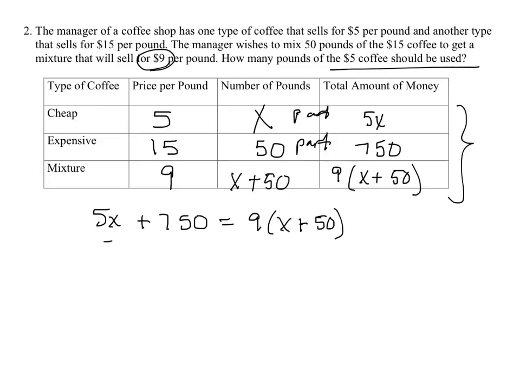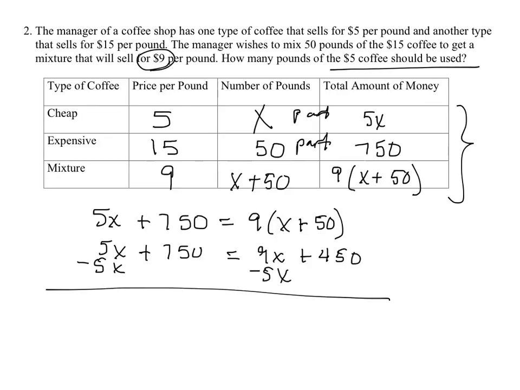Let's solve. So 5x plus 750 is equal to 9x plus 450. So I'm going to bring the 5x over to the other side. Ooh, I'm going to do a double whammy. The 450 over to the left-hand side. So I get 300 is equal to 4x.